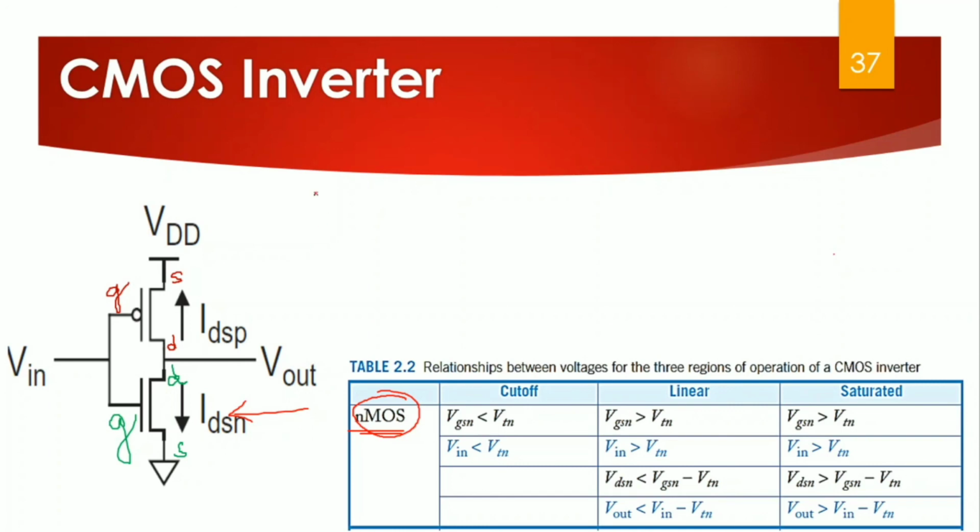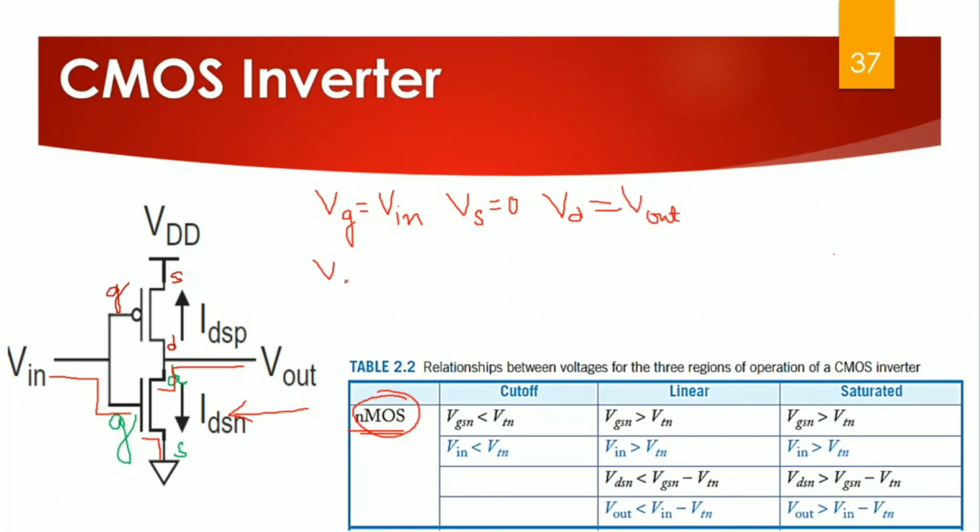In this NMOS transistor, VG is connected to Vin. So VG is equal to Vin. VS is connected to ground. VD is connected to Vout.